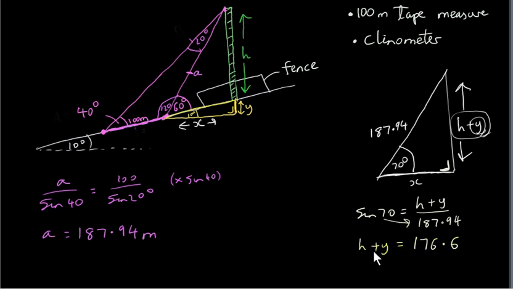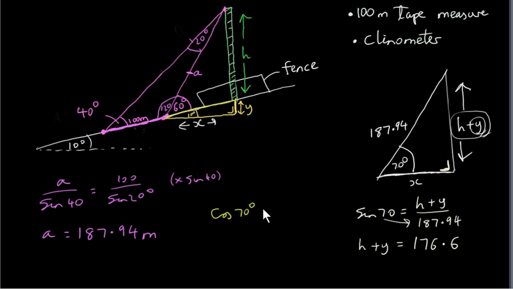Now we have to somehow get y. So we look to this yellow triangle here. We can't get y directly in this yellow triangle because we don't have any sides, but what we can do is get x. So let's get x. You can see from this that x is the side adjacent to 70 degrees, so we could use cos.